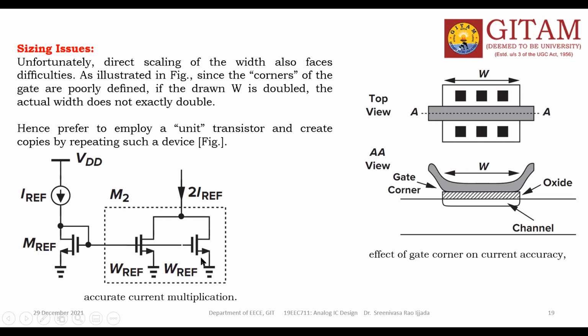Let us say this is one device, and this is the other device. This device ratio is W by L, but that device ratio is 2W by L. The width should be double of this one, then you can get 2 times the reference current. Got my point or not? So that is the solution.